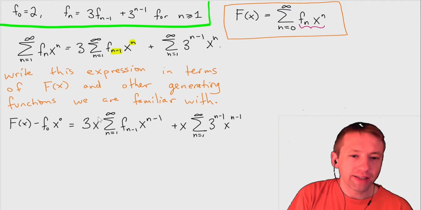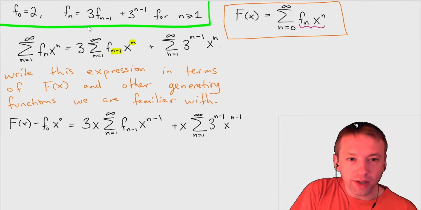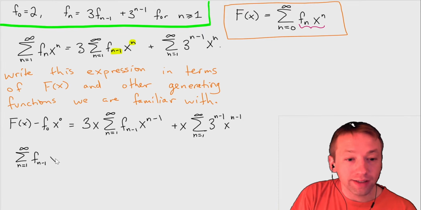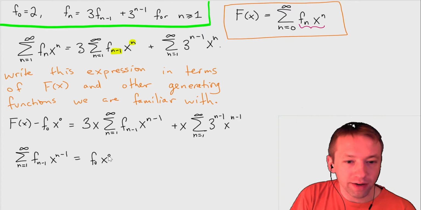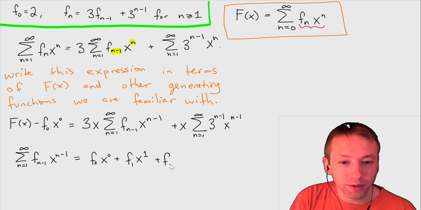But on the right-hand side, I've still got these infinite sums, which I would like to simplify. For the first sum, if I sum from 1 to infinity f_{n-1} x^{n-1}, that's the same as f_0 x^0 plus, because if I plug in n equals 1, this is what I get. If I plug in n equals 2, I get f_1 x^1, f_2 x^2, and so on.